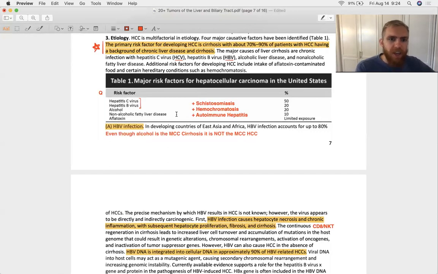And you get scarring of the liver, and your hepatocytes divide. And well, the more they divide in response to injury, obviously the greater chance of picking up a mutation in one of those dividing cells.